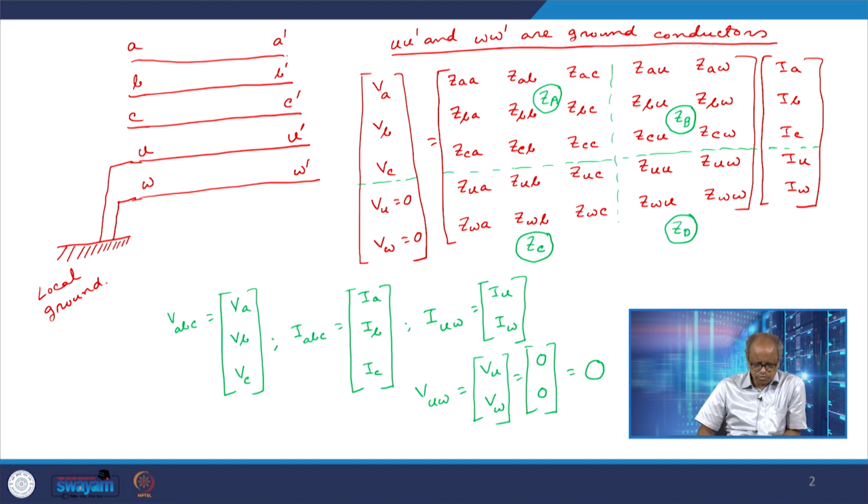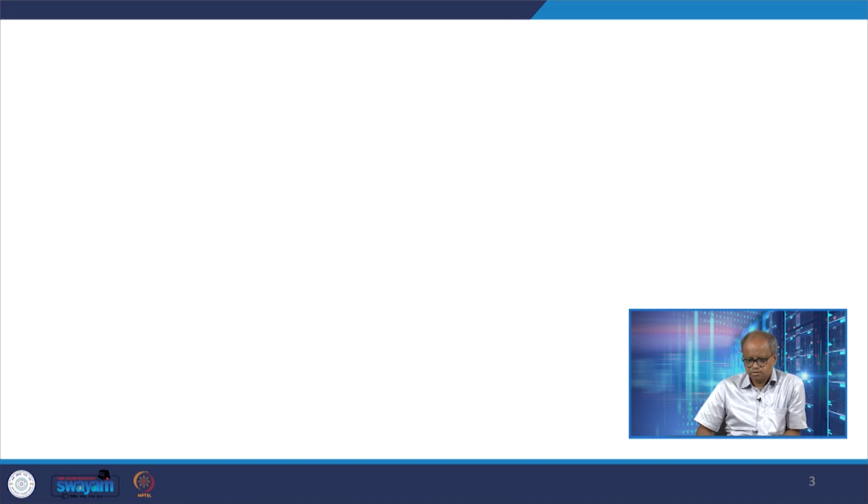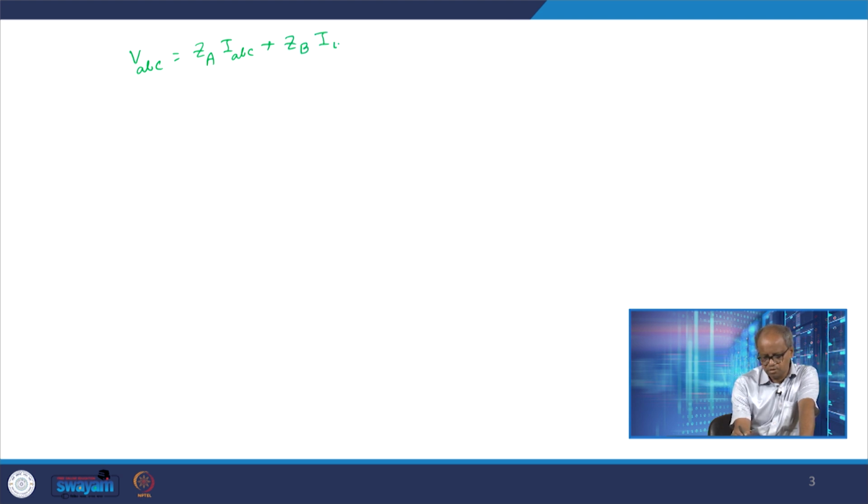So, as usual, VABC is equal to ZA into IABC plus ZB into IUW, and the next equation is a big 0 vector, a 2 cross 1 vector, equal to ZC into IABC plus ZD into IUW vector.